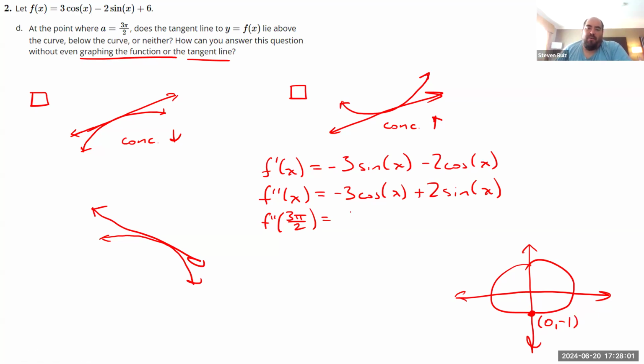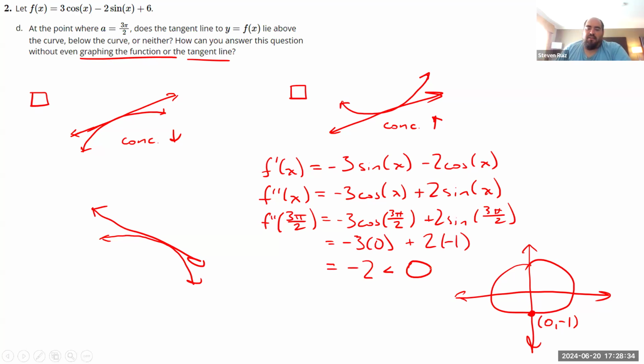So if I want to evaluate the second derivative here, I need -3 cosine of 3 pi over 2 plus 2 sine of 3 pi over 2. So the cosine of this angle will be the x value, so -3 times 0. And the y value will be -1, so plus 2 times -1. So all told, I get a value of -2.